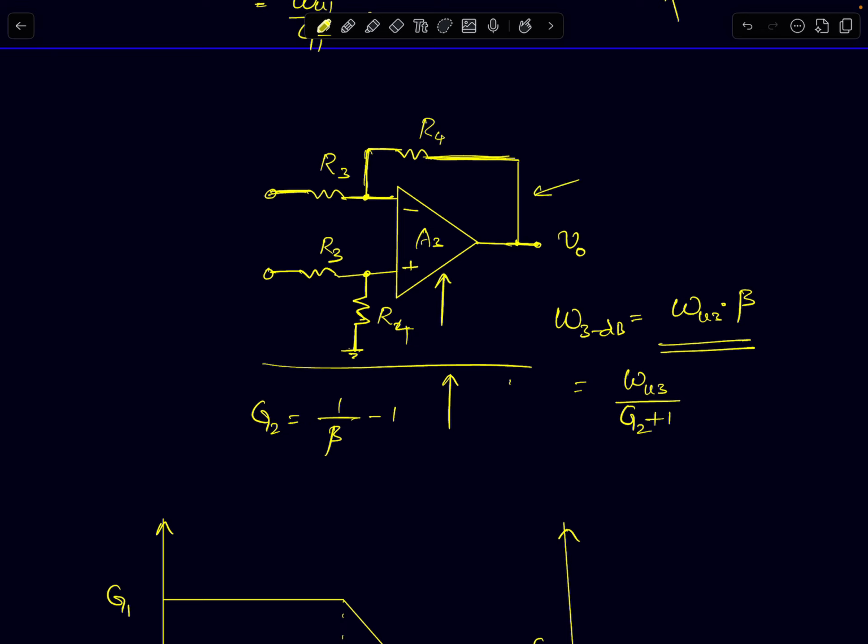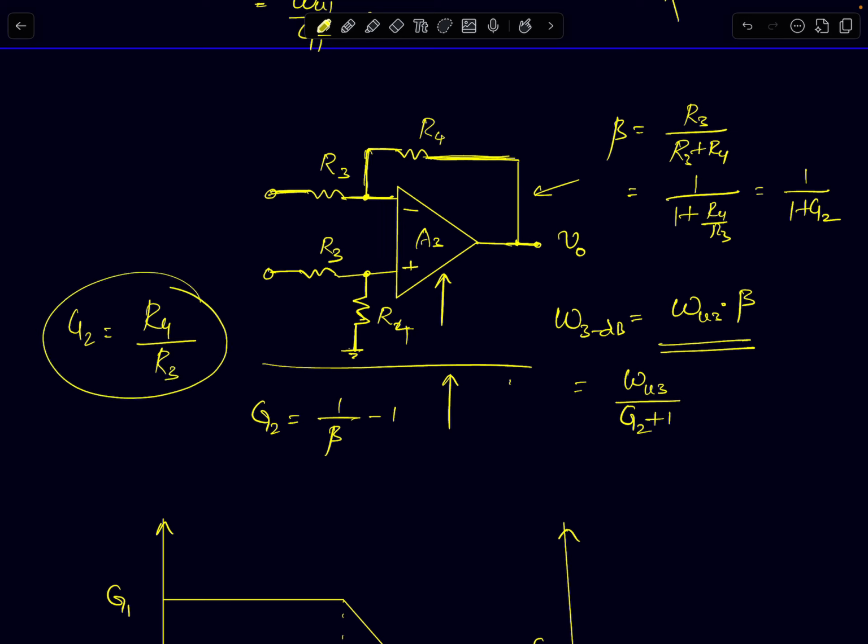The feedback factor beta is given by R3 upon R3 plus R4, which can be written as 1 by 1 plus R4 by R3, that is 1 by 1 plus G2, where G2 is the second stage gain, R4 upon R3.